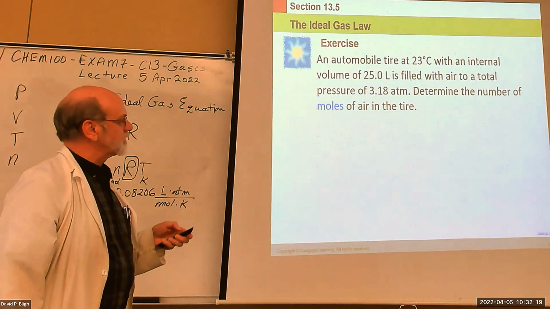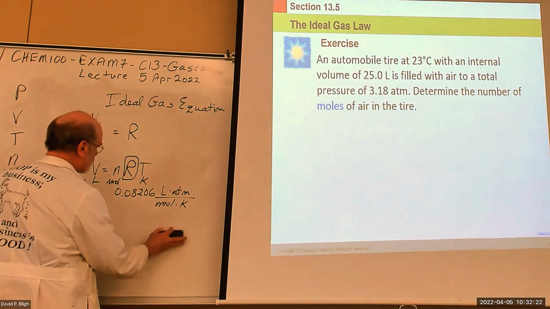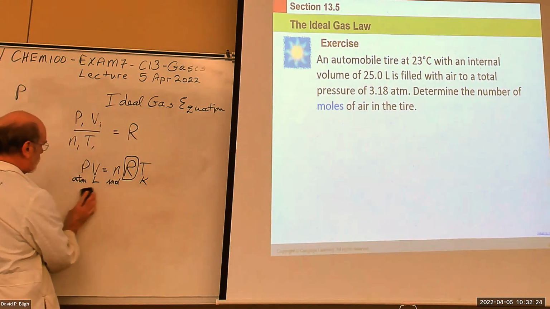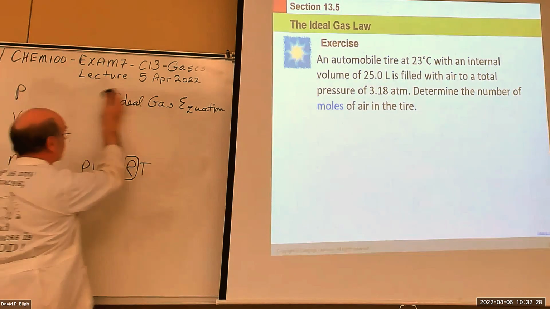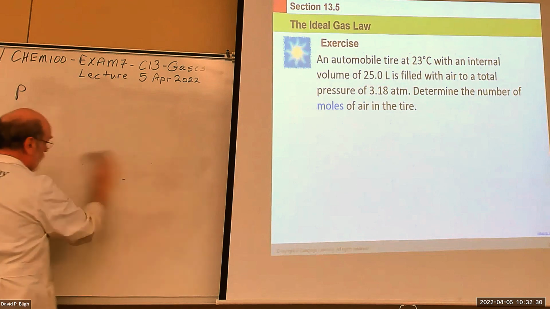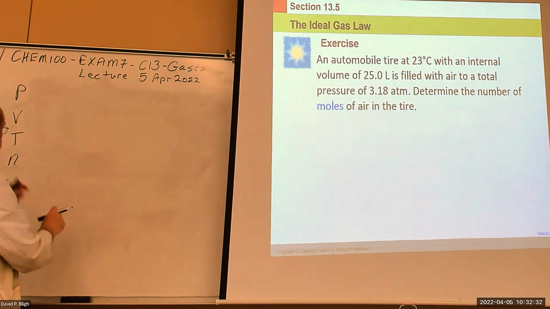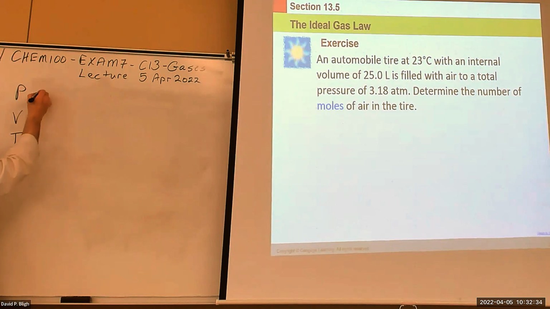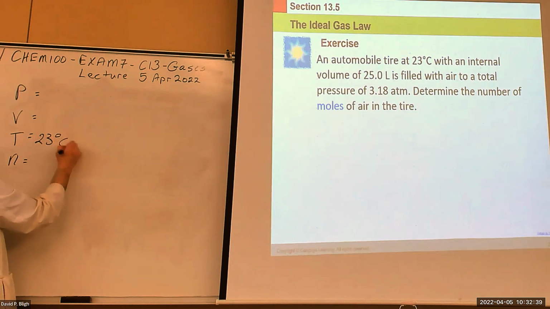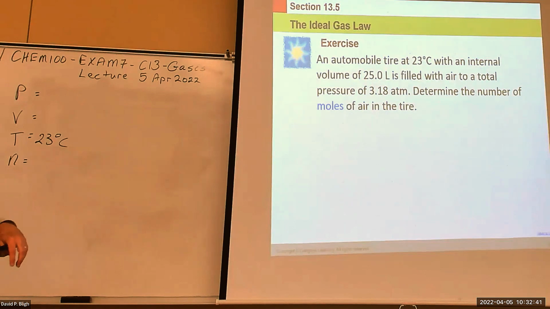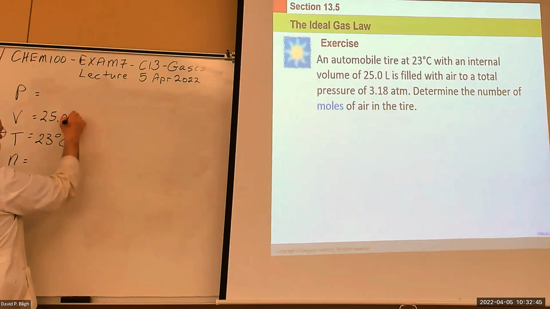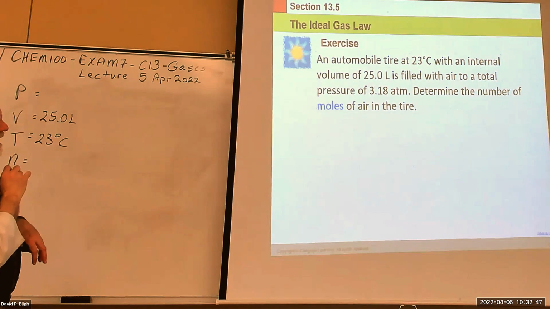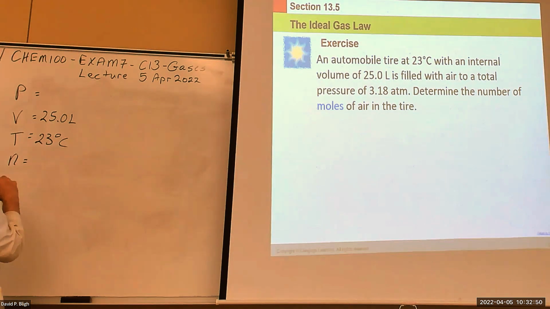Okay, so for this one, we say an automobile tire is 23 degrees Celsius. So in that case, you have these conditions, 23 degrees Celsius, an internal volume of 25 liters, a pressure of 3.18 atmospheres.